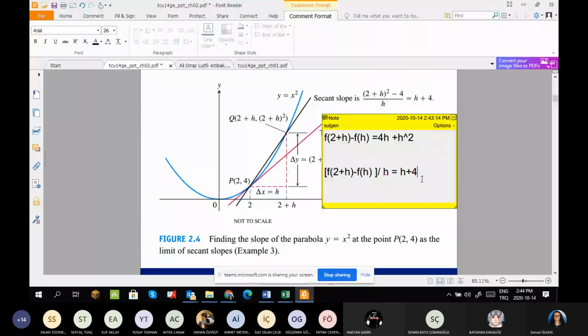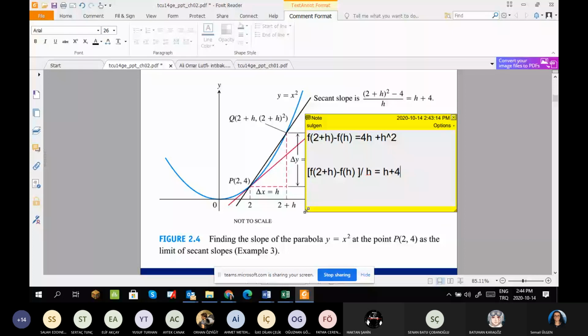So this is the slope of the secant line, and as h gets close to 0, since h is positive, this is going to get close to 4. So the slope of the tangent line is actually 4, we can say.